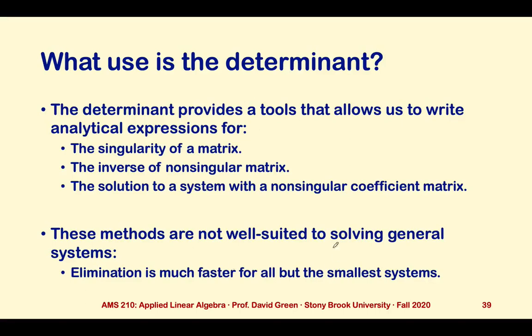If you want the inverse, it's generally easier and faster to use Gauss-Jordan elimination. If you want to find the solution to a system of equations, even if you have many right-hand sides, it's generally more efficient to use LU decomposition and then use that to solve for different right-hand sides rather than to write a general form.